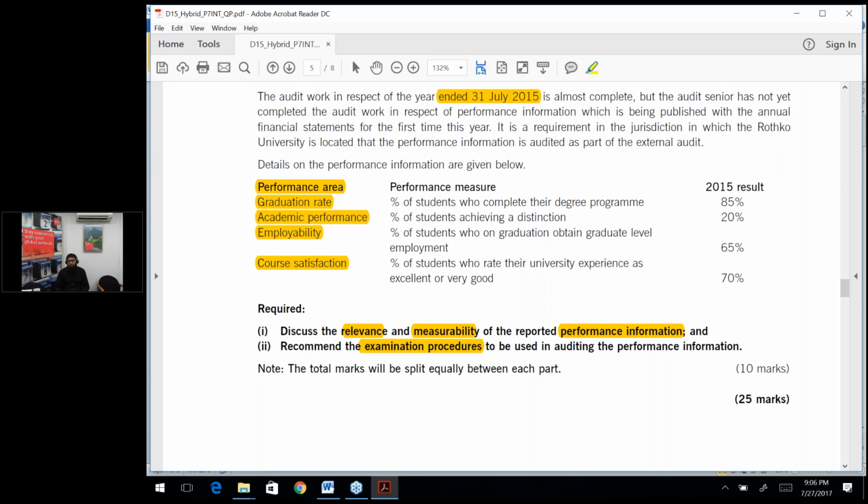We are auditing the information of a university, and these are the 4 performance areas: graduation rate, academic performance, employability, course satisfaction. Why are they important? First of all, graduation rate. In any specific university, people go there for graduating, not to get old without any degree.